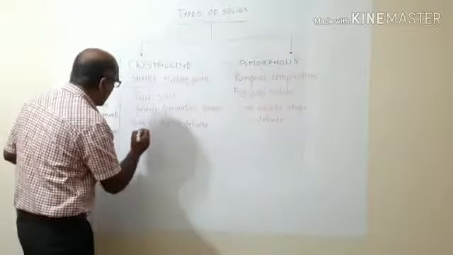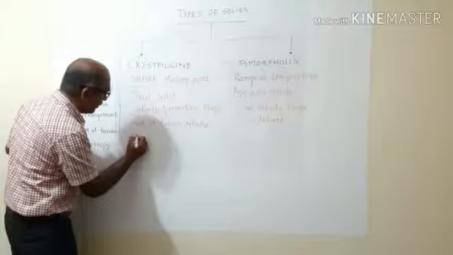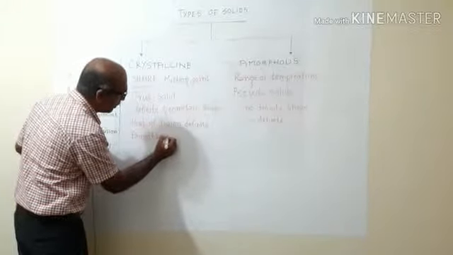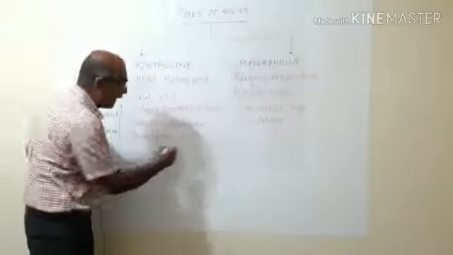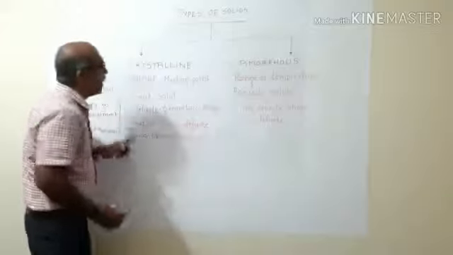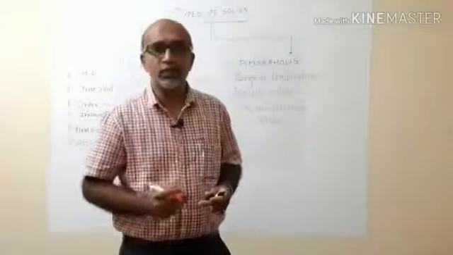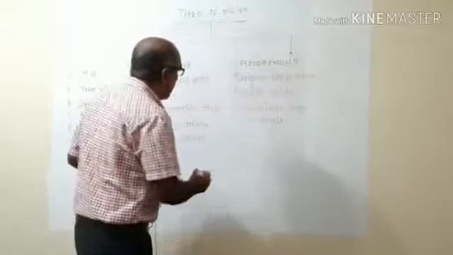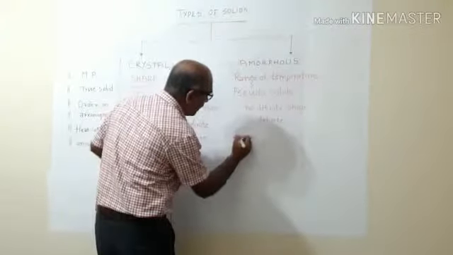Crystalline solids are anisotropic in nature, and amorphous solids are isotropic in nature.